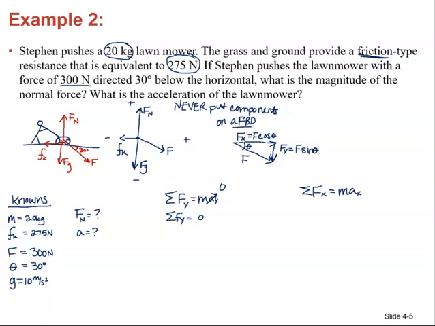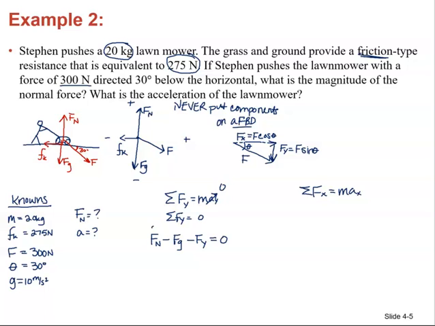So we're going to start with our normal force, which is pointed in the positive direction. Our weight force, which is pointed in the negative direction. And then we have the vertical component, the y component, that is pointed in the negative direction. So there's our initial net force equation.